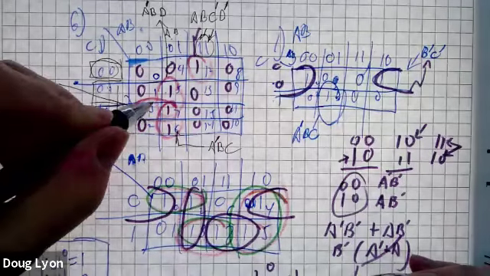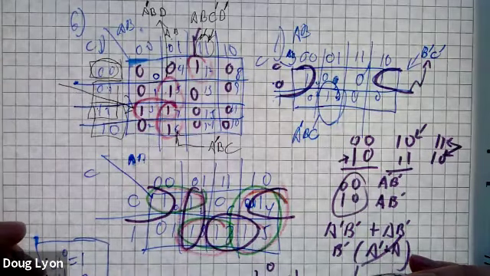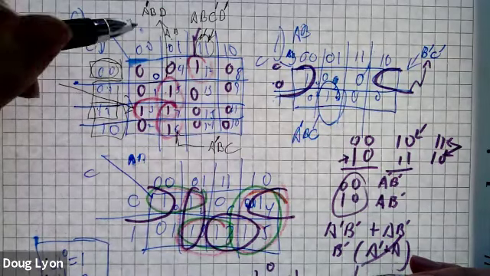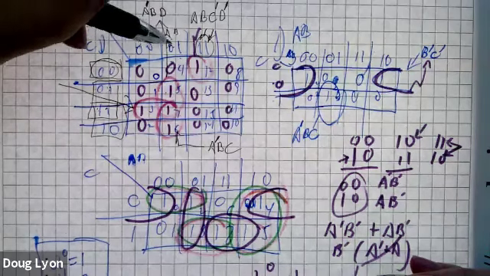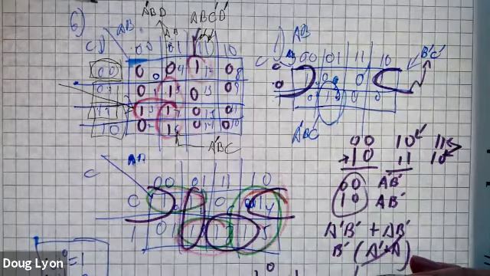We're looping 3 and 7 now. What's changing? Is A changing? No, A stays the same. It doesn't change. And is it primed or unprimed? Unprimed.